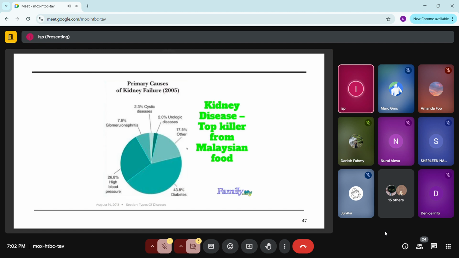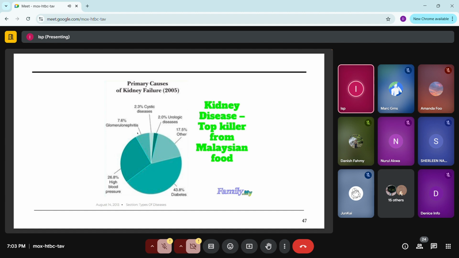So our top killer from the Malaysian food. So what are the primary causes of kidney failure? First one is still diabetes, followed by uncontrolled blood pressure, then followed by other causes like drug use, structural problem, other intrinsic disease like glomerulonephritis, cystic disease.